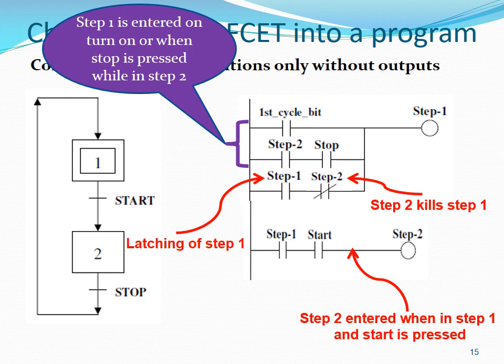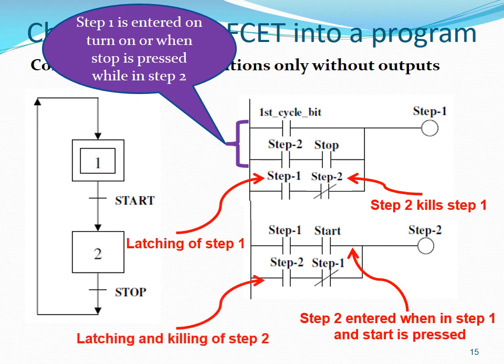To do this, we incorporate the normally closed contacts of step 2 into the latching path for step 1. Once we get into step 2, these normally closed contacts will open, resulting in de-energizing of the output step 1 and therefore killing of step 1.